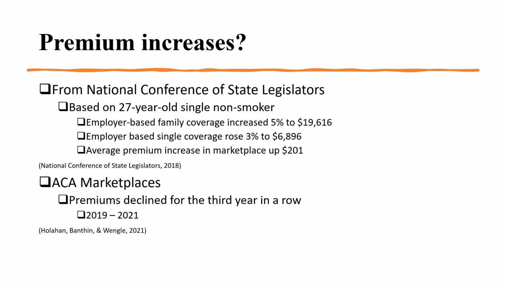But between 2019 and 2021, premiums declined for the third year in a row in the marketplace. So not as big an impact, I think, on premiums as the Congressional Budget Office thought at that point in time. So the individual mandate is still the law of the land, but there's no penalty for it, and its impact doesn't seem to have been as great as was originally projected.